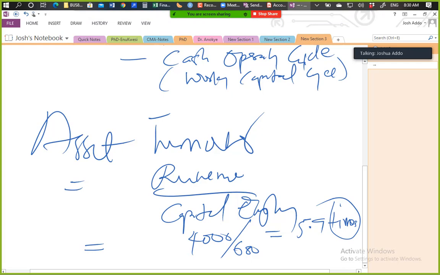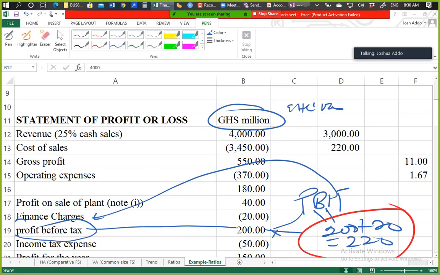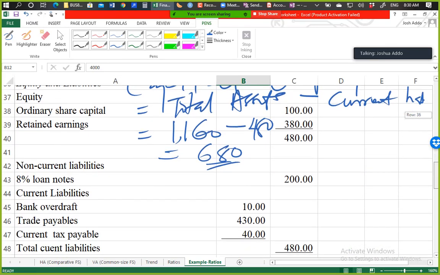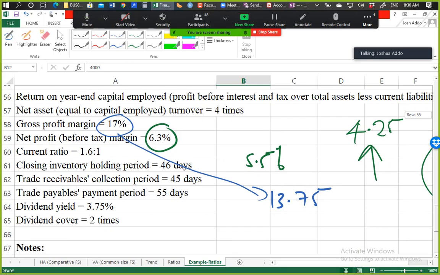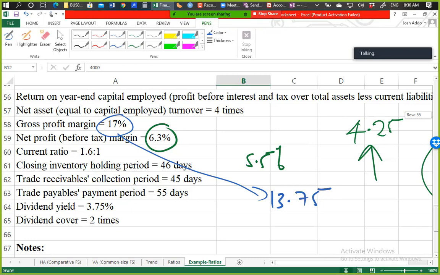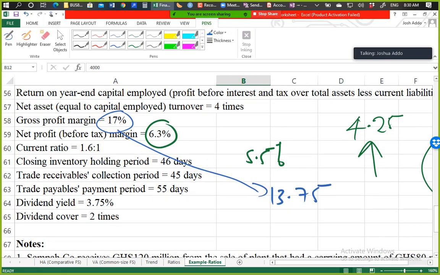So we go back to the question and look at previous year performance in the same area. I think it should be there. Okay, they gave us net asset turnover, and net asset turnover is the same as capital employed.